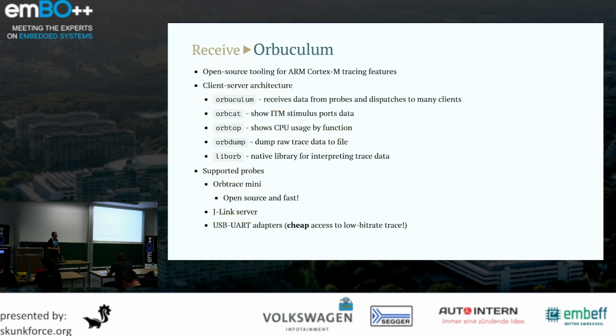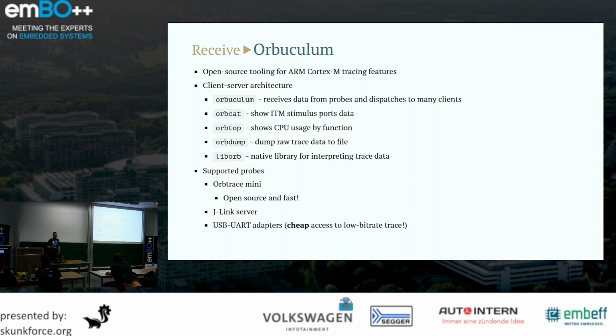The simplest tool is OrbCat, which just outputs data. It can be used to make a very simple logging mechanism. Just write 8-bit characters to some port, and you can output it as text with OrbCat, or anything more. OrbTop is a more complex one, as it shows you which function or which line of code is taking the most of the CPU time.